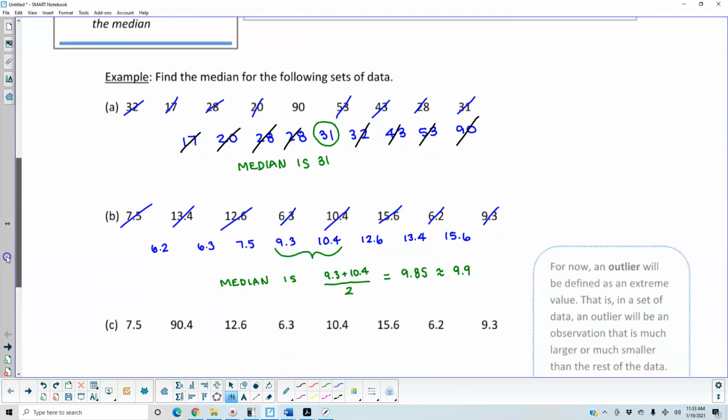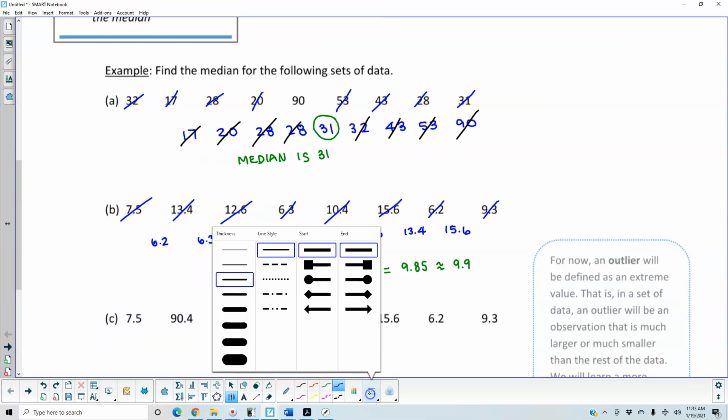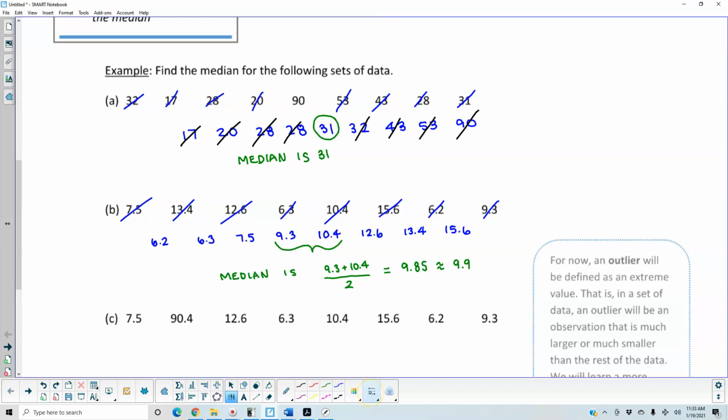Okay, next example, part C. We want to find the median of this. So let's go ahead and write it in ascending order.